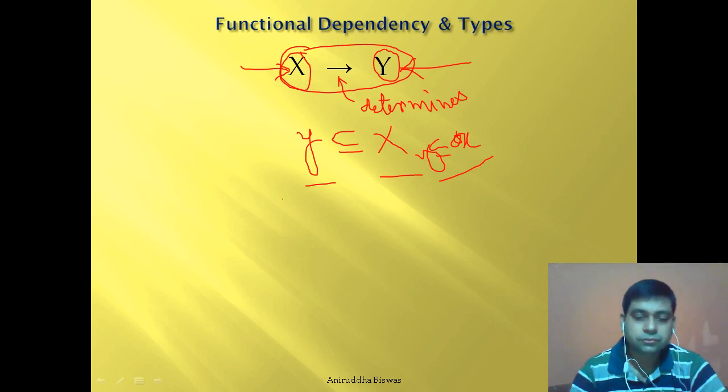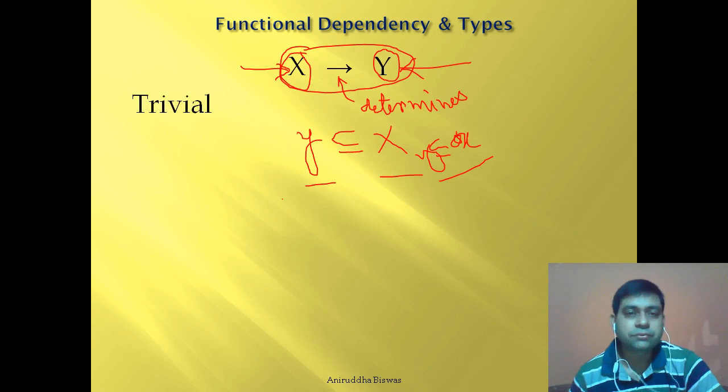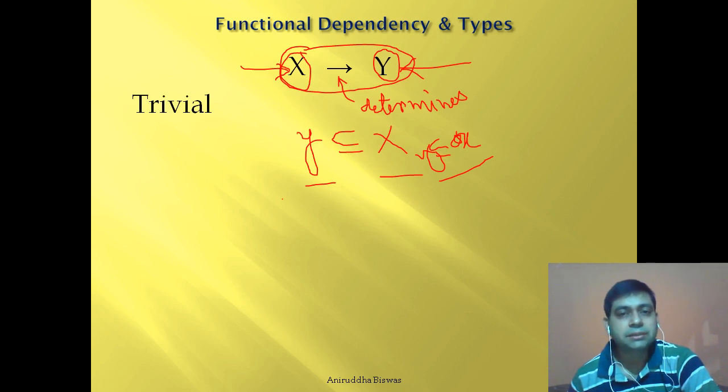Now there are two different types of functional dependency. One is called a trivial dependency. A dependency is called trivial when the determinant is determining the determined. In this example, X determines Y, and if Y is a proper subset of X, so the right hand side is a proper subset.